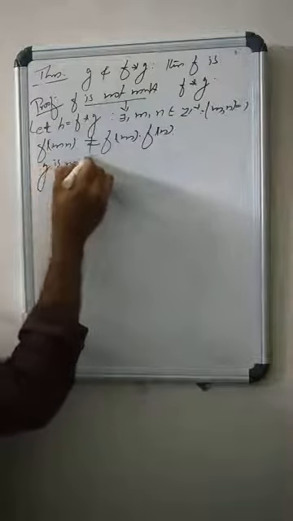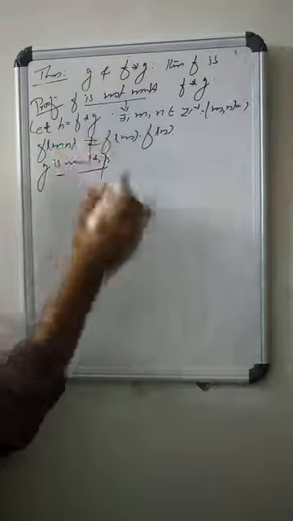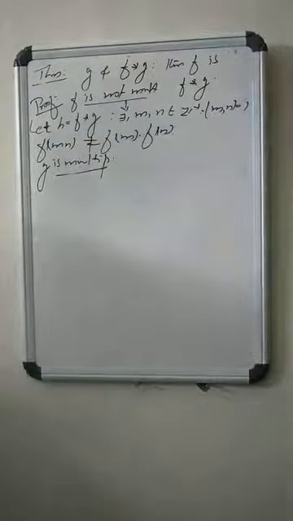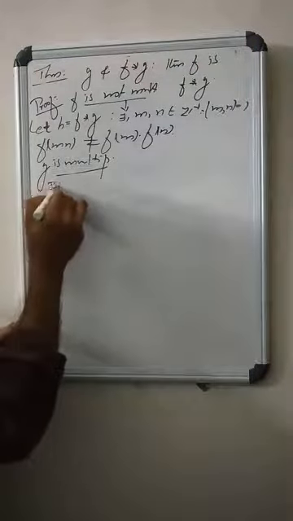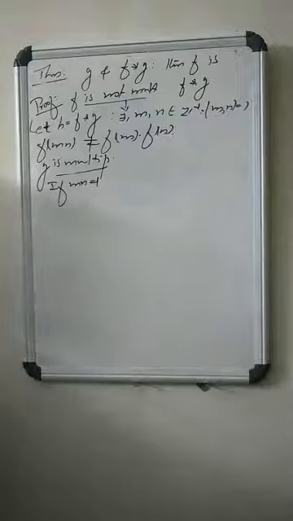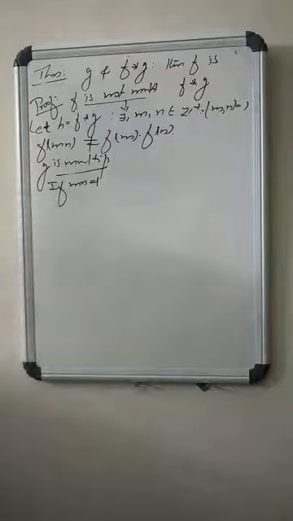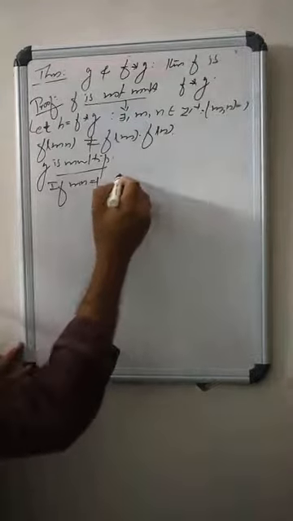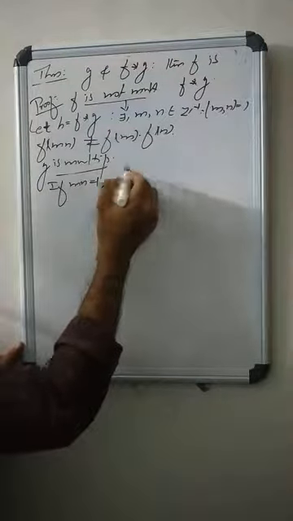Now assume g is multiplicative, by hypothesis. Suppose mn equals 1. Then what about f of 1?